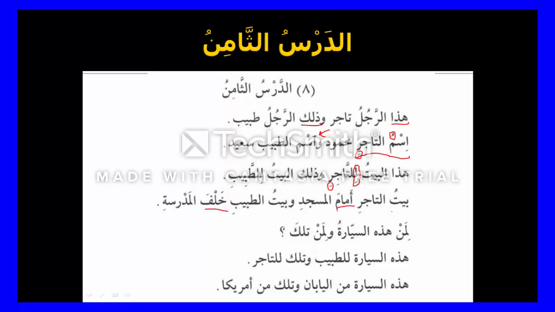So we have Baytul Tajiri. The merchant's house is in front of the mosque, and the doctor's house is behind the school. Here we have a question: for whom does this car belong?